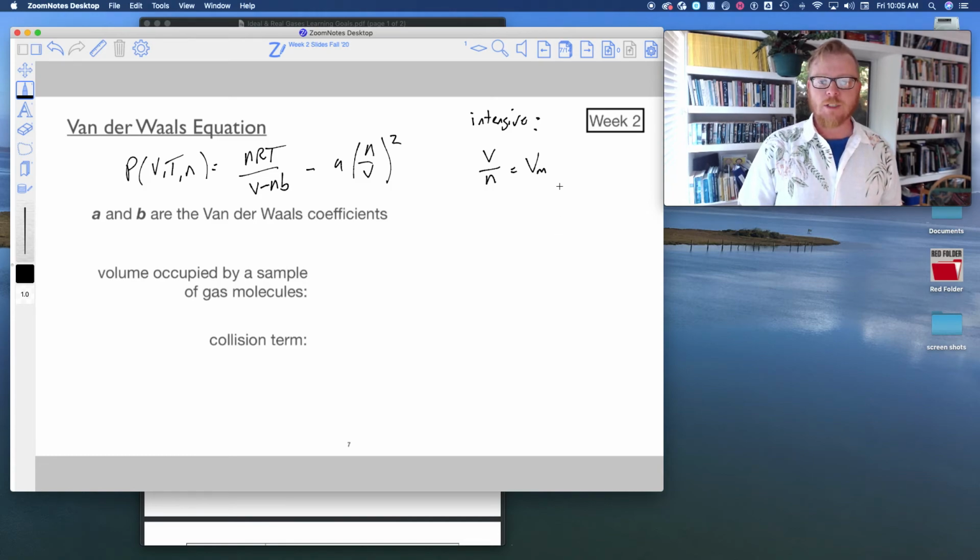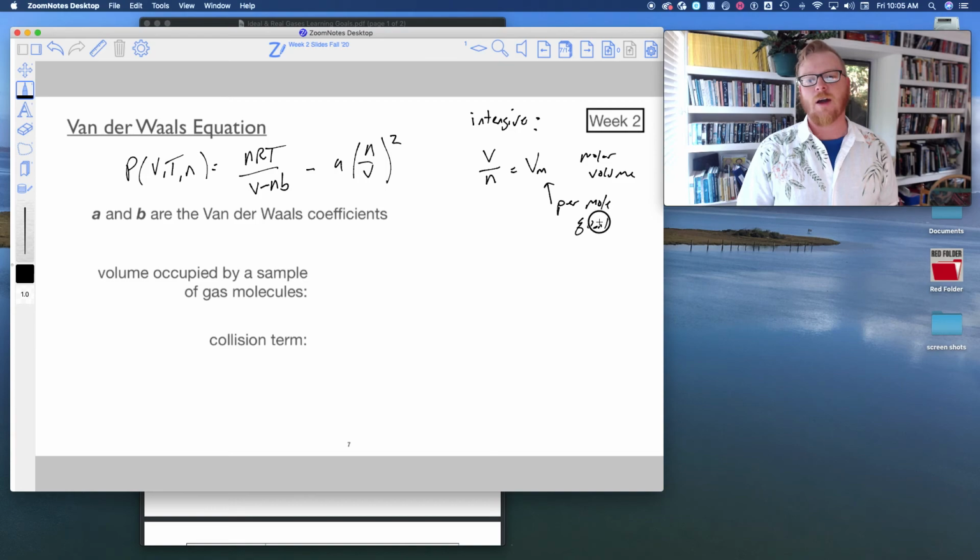Anyways, so now whenever we see this in this class, we're going to see this quite a bit. We're going to see this subscript m. So that's going to make us realize that we're talking about a per mole quantity, and it gives us the intensive parameter. And it also reduces the number of coefficients we need.